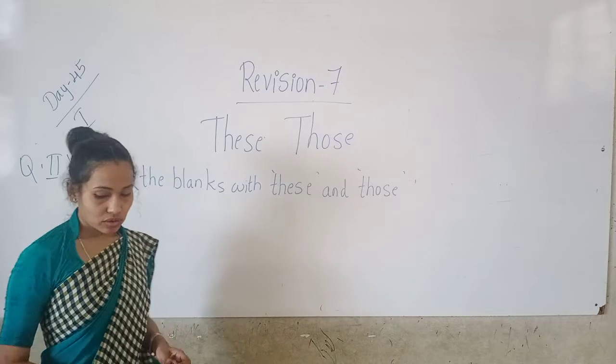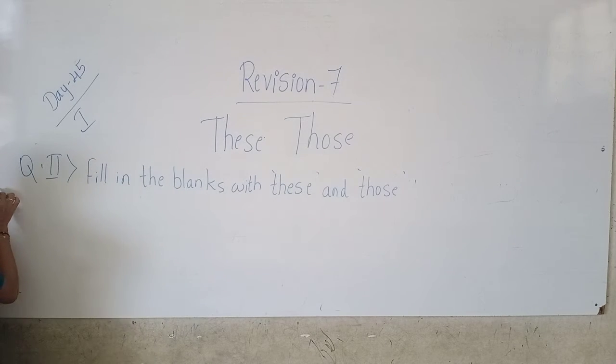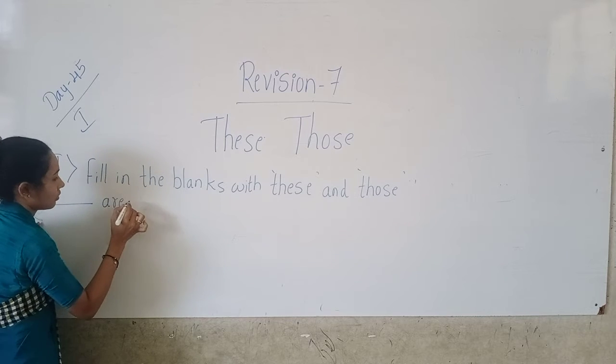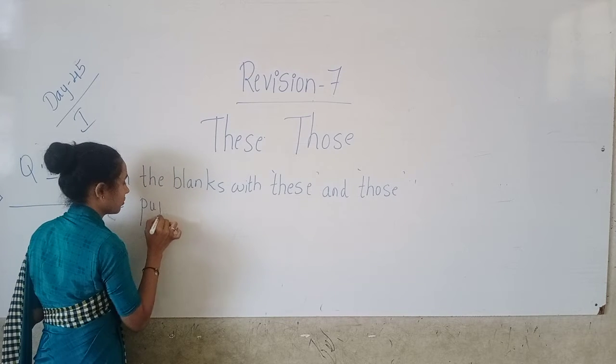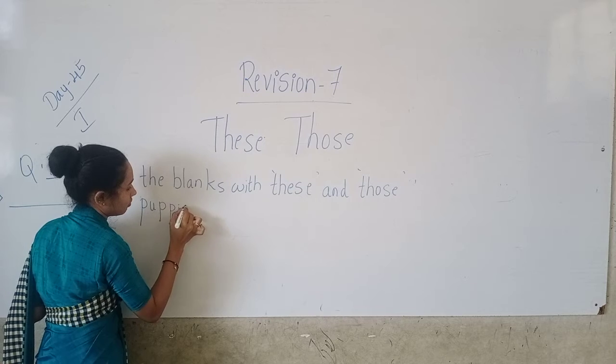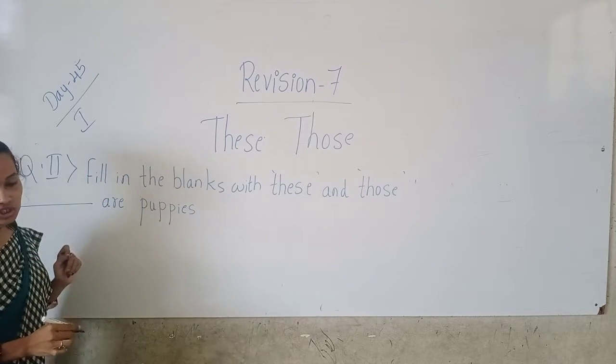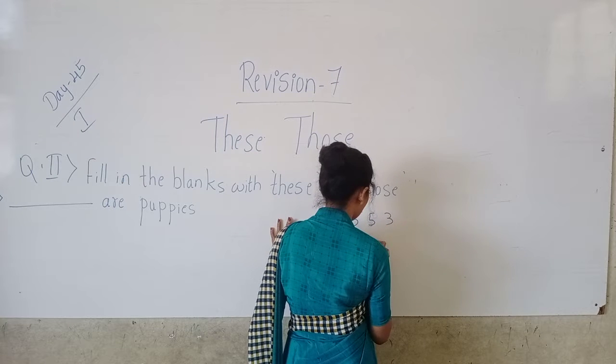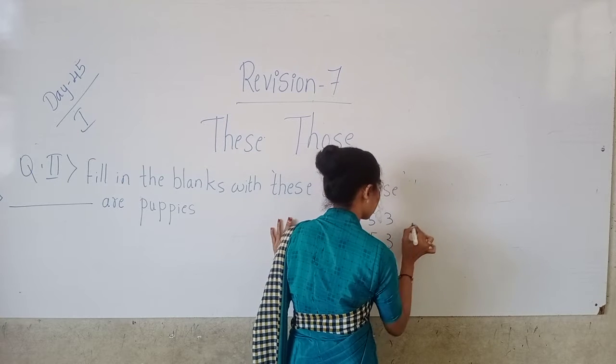Okay, children? So the first question is, dash are puppies. Dash are puppies. Say, children, I am drawing your puppies.